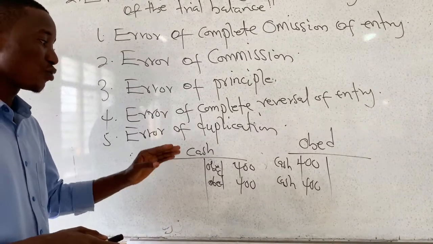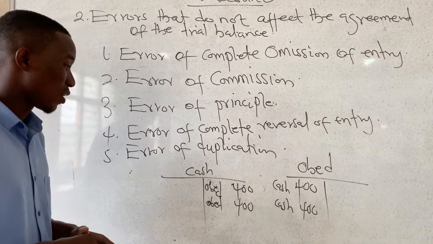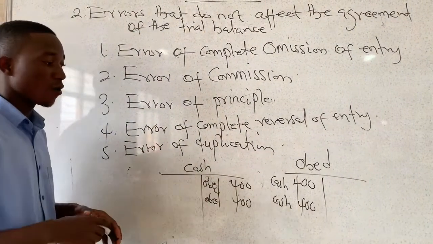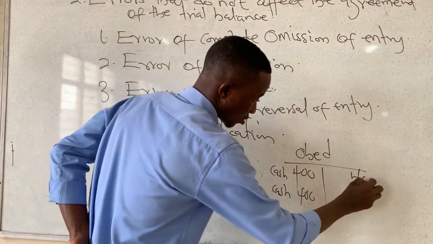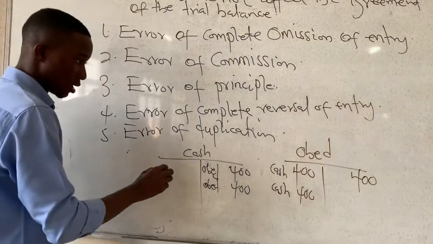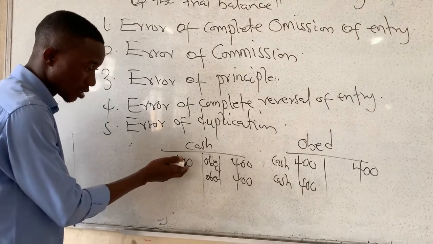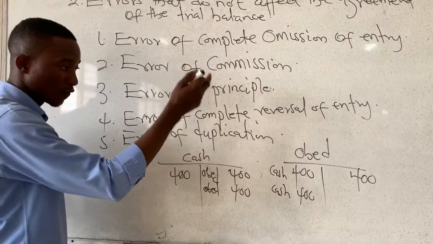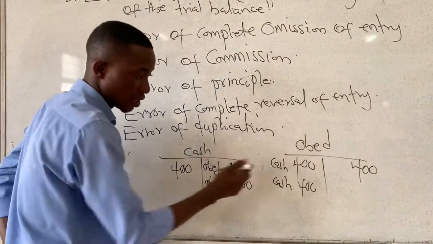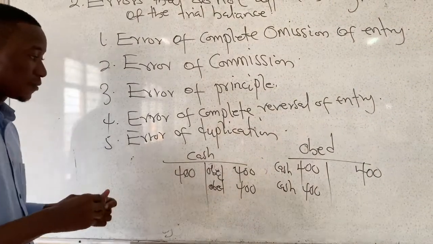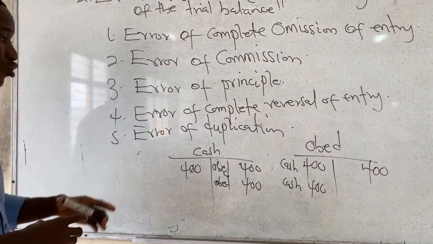In the initial stage, we're supposed to do it once, but we've made it twice. So in order to correct this error, you cancel one of the entries off. By cancelling it, you credit Obed's account $400 and debit cash account $400. In effect, this $400 will take this $400 off, leaving the original entry. So basically, this is how we correct an error of duplication.